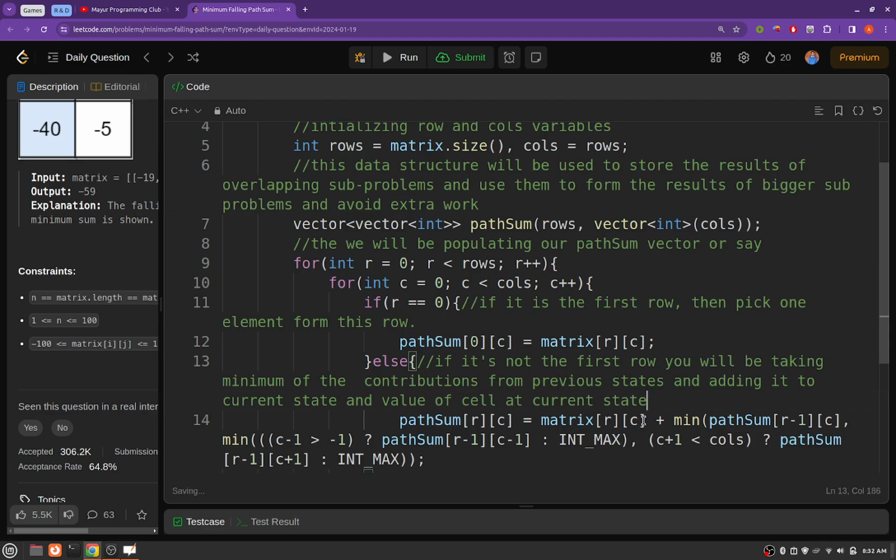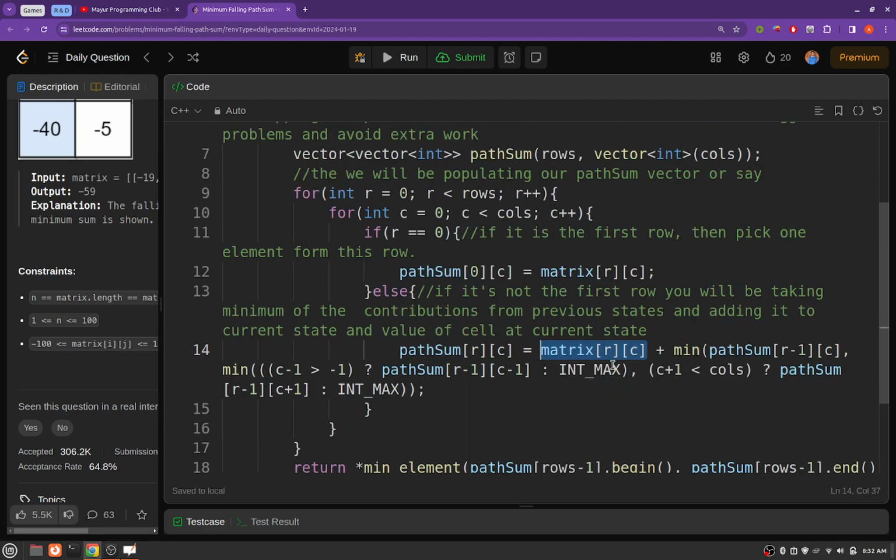So this is what the current state value is, the cell that you are at, and these are the previous states.